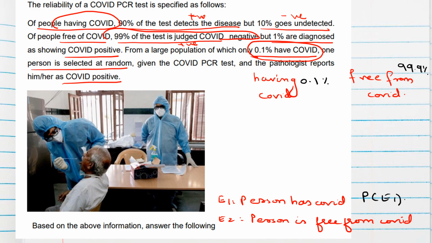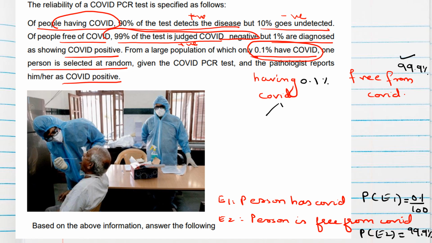Probability of person has COVID, P(E1), is 0.1%, or 0.1 by 100. And person free from COVID, probability of E2, we can get by subtracting from 100, because it is given in percentage: 99.9%. So till here it's clear. Having COVID 0.1%, free from COVID 99.9%.